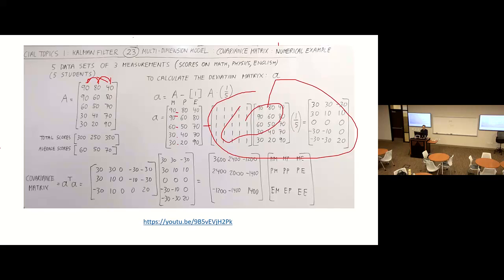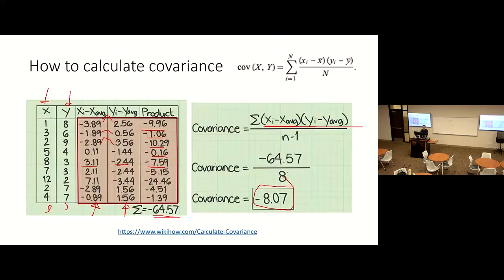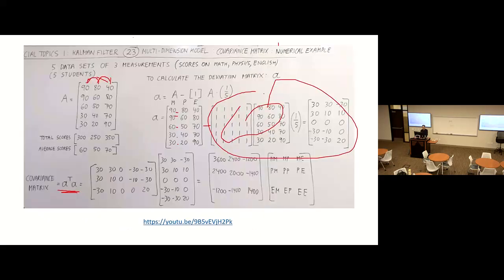And then you compute, if you do this matrix multiplication, you get these covariance values.